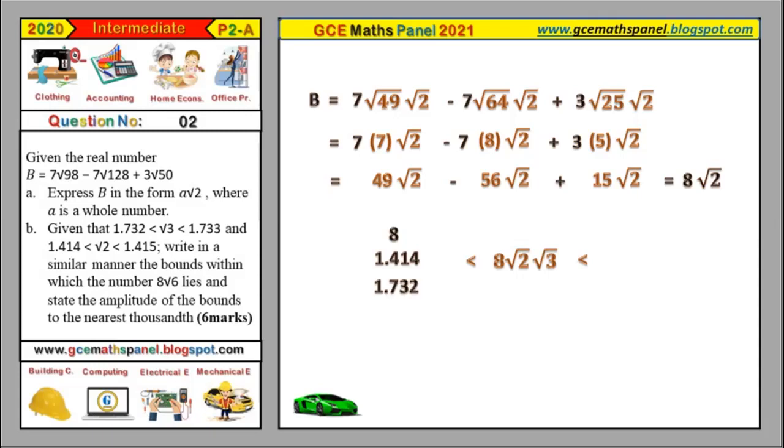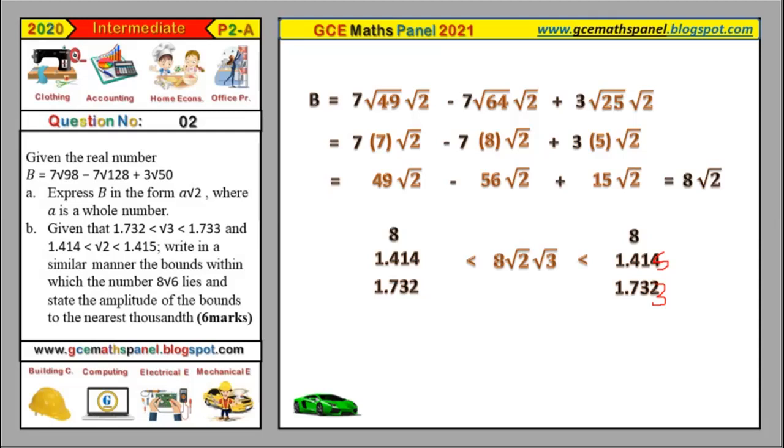We do the same thing for the upper bound. We multiply 8 by the upper bound of 2, which is 1.415, and the upper bound of 3, which is 1.733.